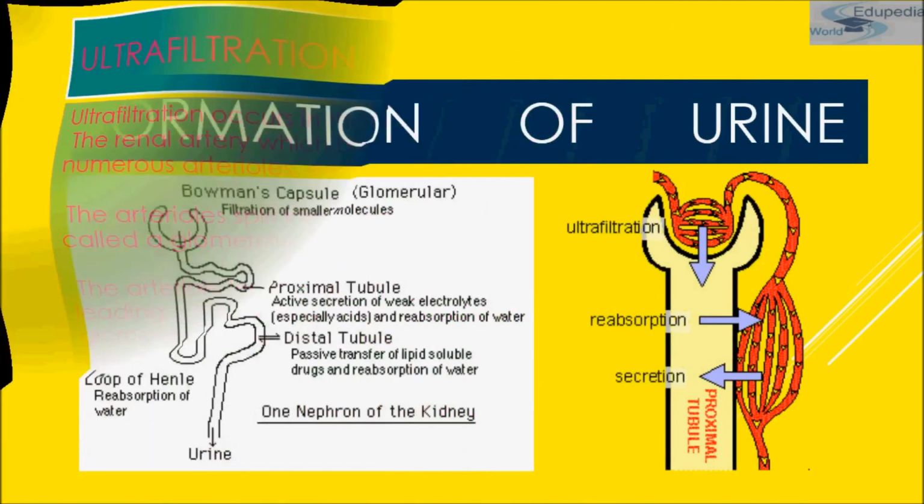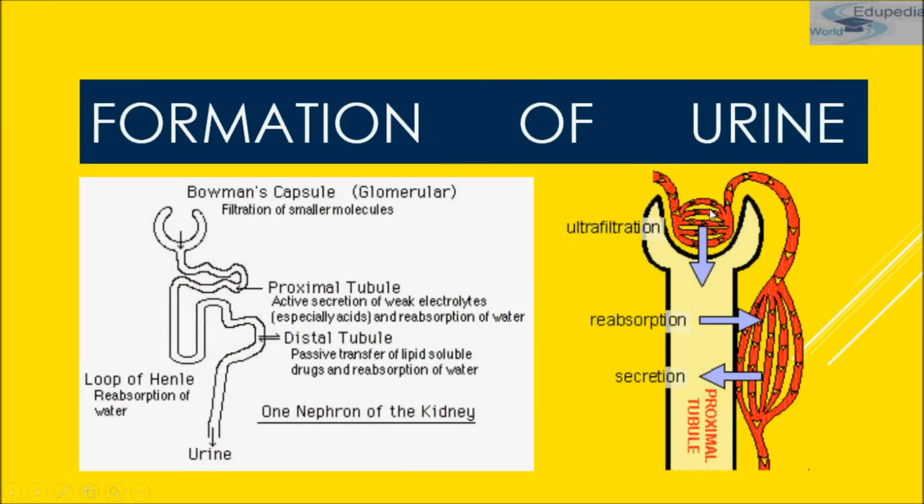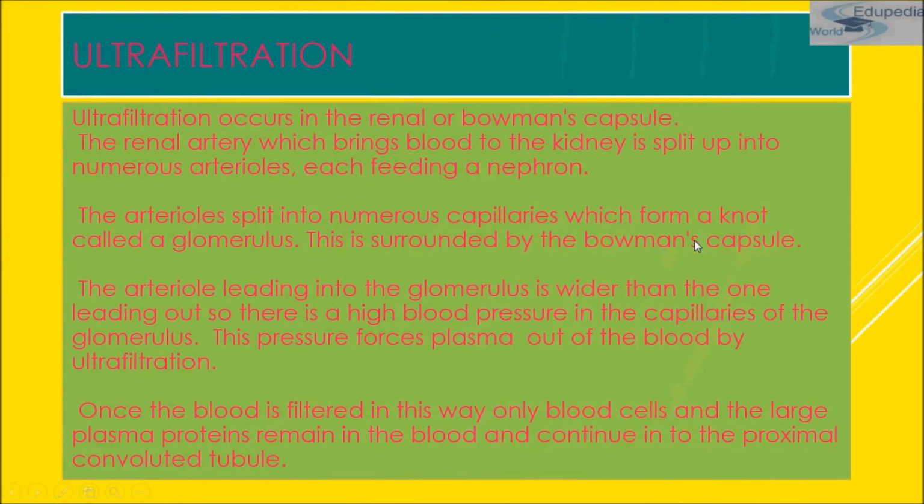See, this is the glomerulus, the red knot-like structure. This is surrounded by Bowman's capsule, as I have shown you in the previous figure, that Bowman's capsule surrounds the entire glomerulus, that is the knot of the arterioles.